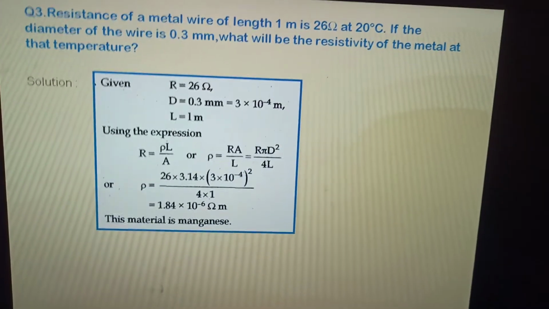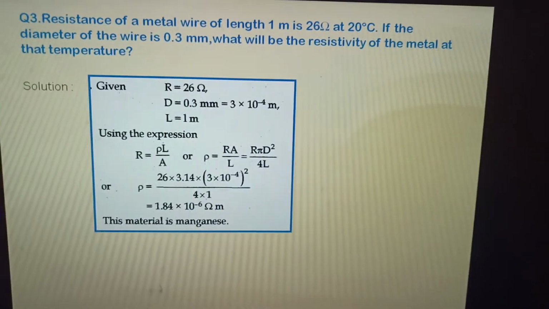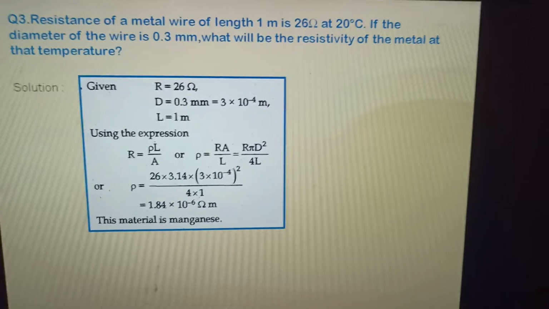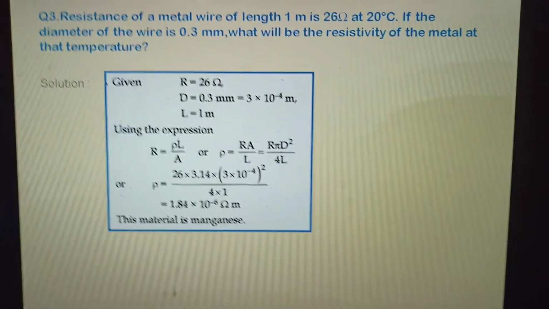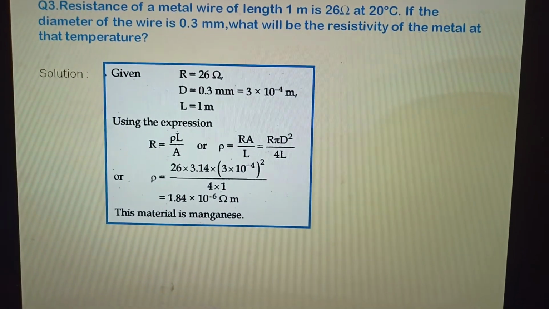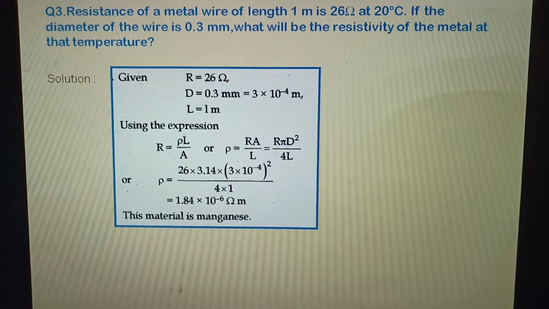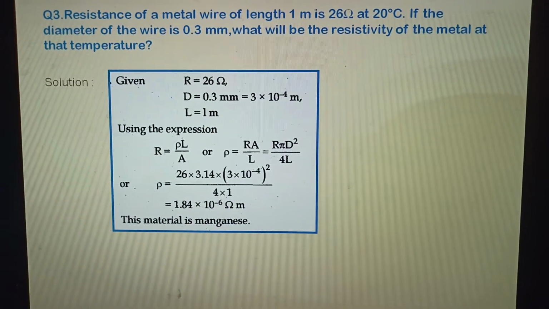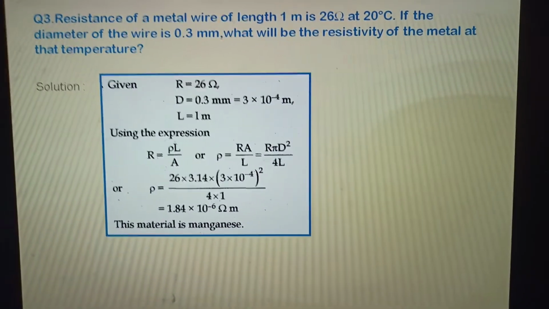Given that resistance is 26 ohm and the diameter is 0.3 mm. Again millimeter is there, so convert it into meter. One millimeter equals 1 upon 1000 meter, or we can say 1 meter equals 1000 mm.